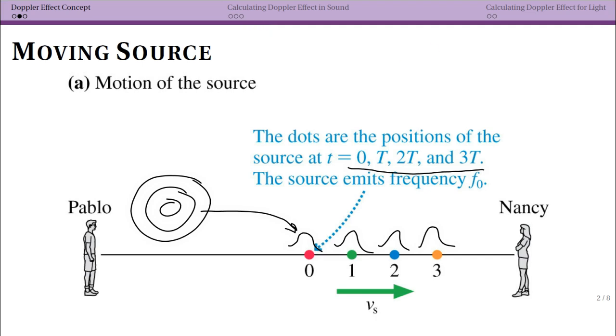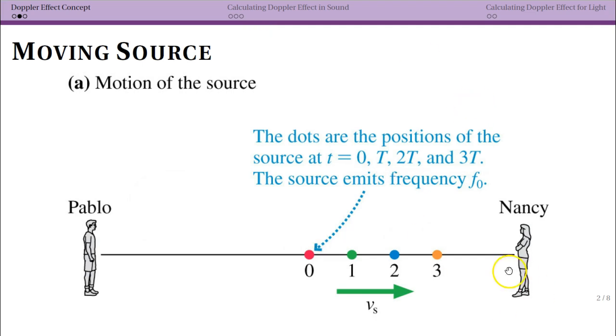Now we have two people in order to think about what they're going to actually detect. Our source is emitting at some specific frequency, but we can then ask, what frequency does Nancy detect and what frequency does Pablo detect?